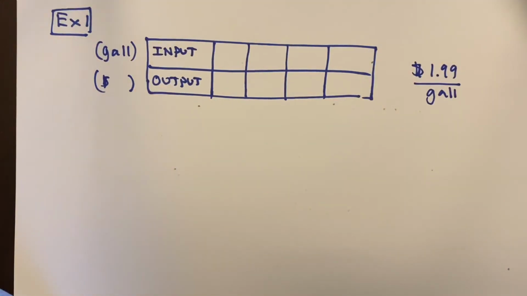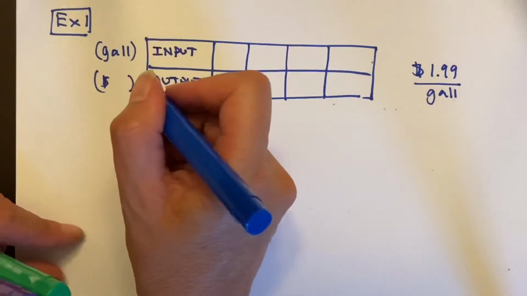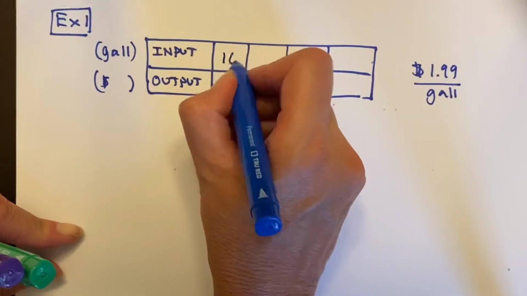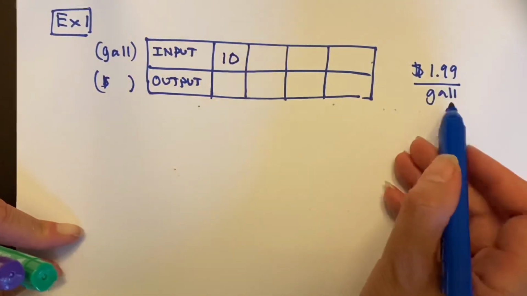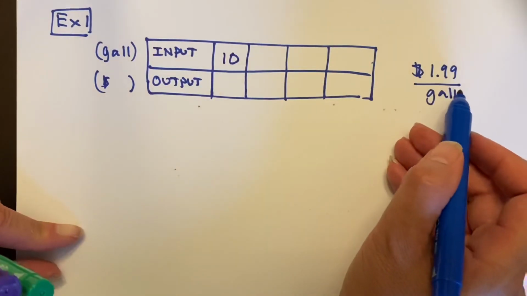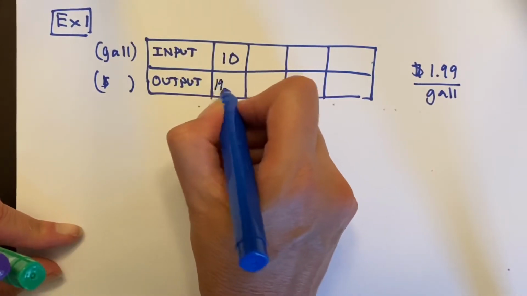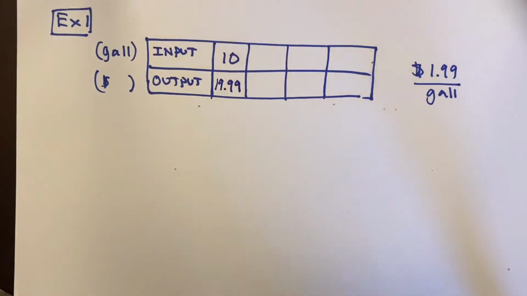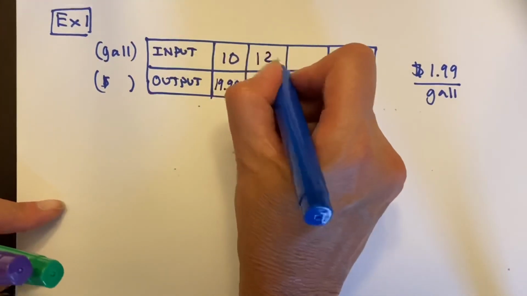So let's say my input, right, which I said it could be called X, is 10 gallons. Well, 10 gallons at $1.99 per every gallon is going to be $19.99. What if I put not 10 gallons, but 12 gallons?